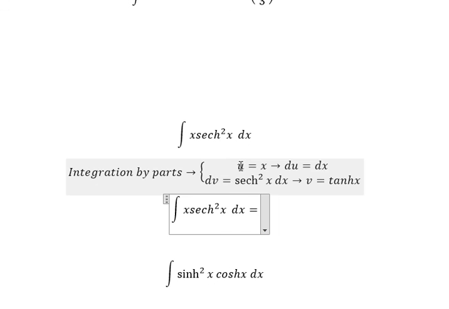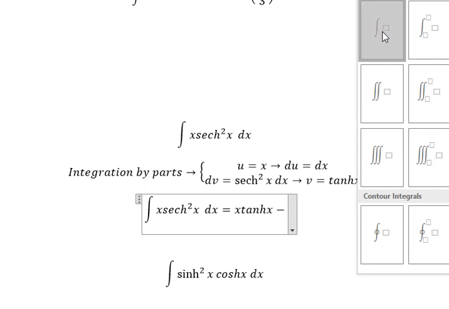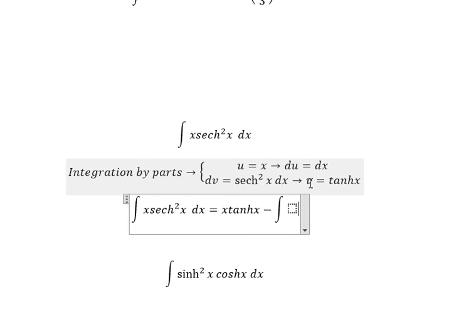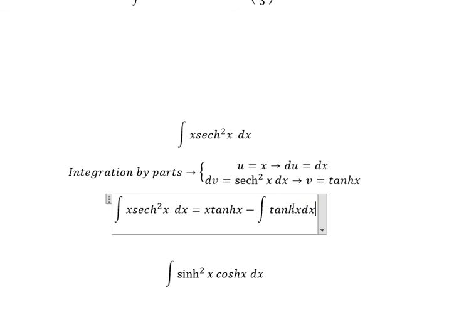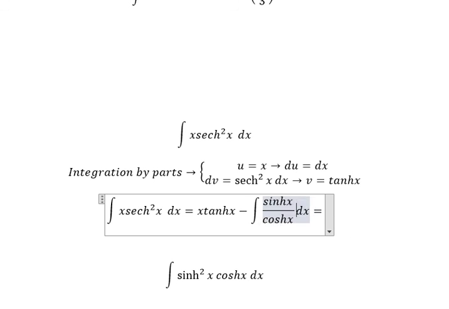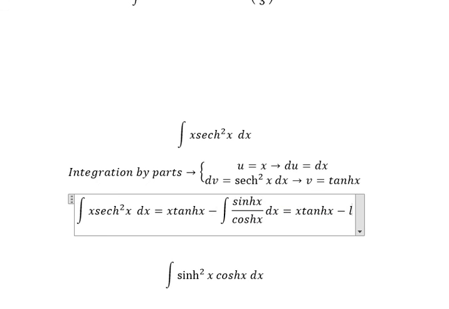So we put u multiplied with v, and we have the negative integral of v du, we got tan s ds, and this one we can change into sin s over cos s, and we got the final answer.